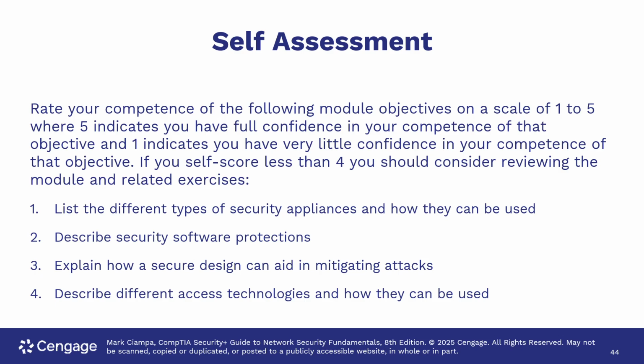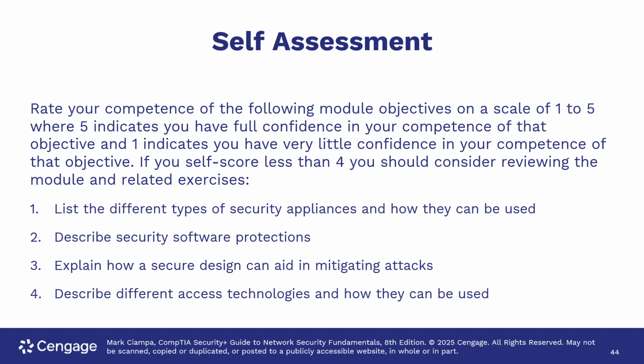Okay, so again, we've reached the end of the chapter in the module. You want to rate your competence on the following module objectives on a scale of 1 to 5, where 5 indicates that you have full confidence in your competence of that objective, and 1 indicates you have very little confidence in your competence of that objective. If you self-score less than 4, you should consider reviewing the module and related exercises.